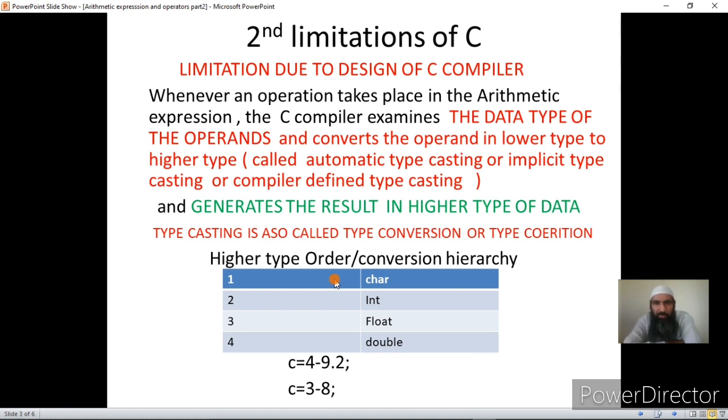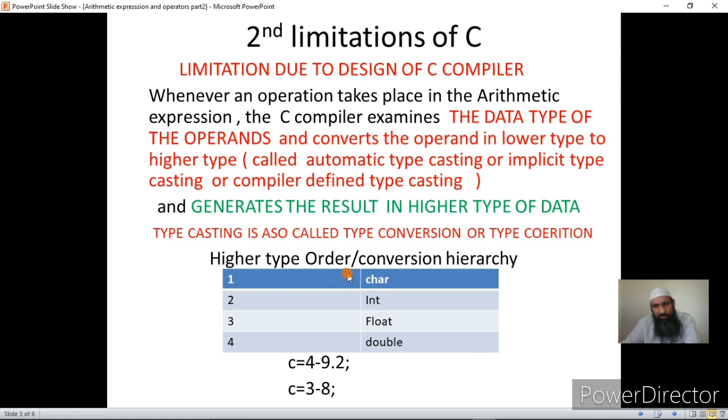Now you must be wondering what is the lower type and what is the higher type. Let me tell you about this table. You just see this table and remember, I have simplified it, even though this table is more elaborate than what I have written, because I have not taken modifiers and qualifiers yet, therefore I am skipping that part.